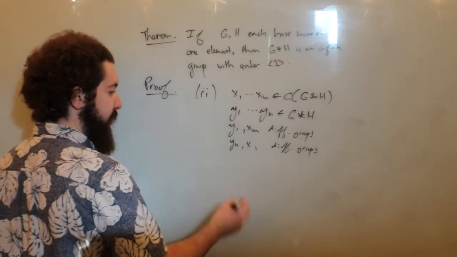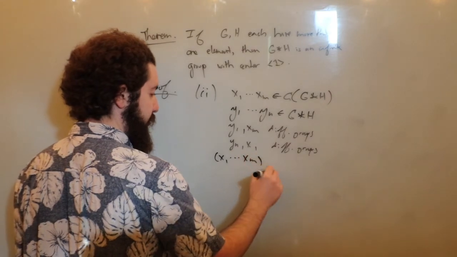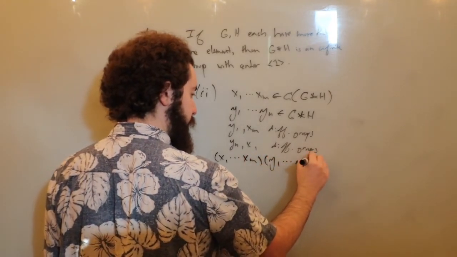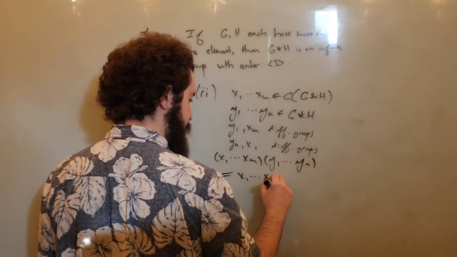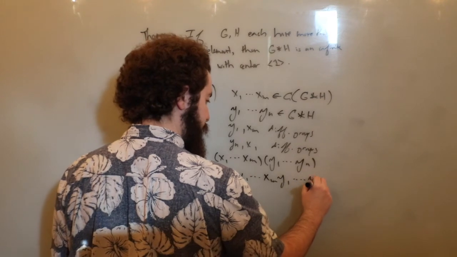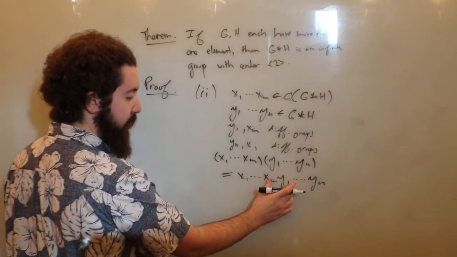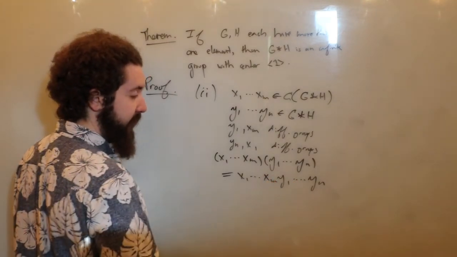Okay, so then if we just take the product of these two words, because we assumed that y1 and xm are in different groups, then this word must be reduced as is.